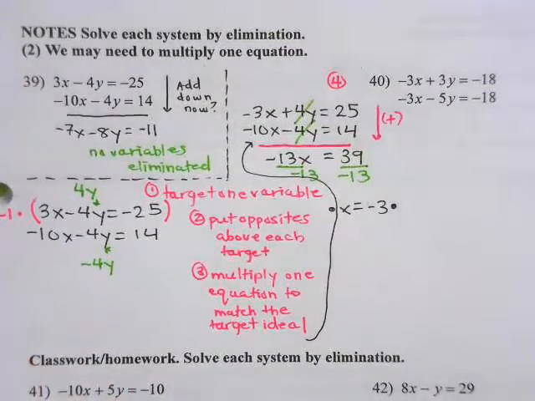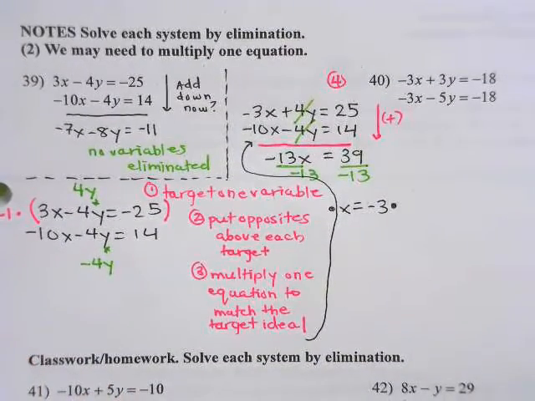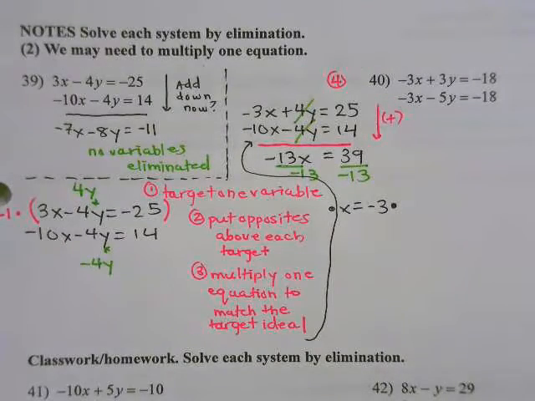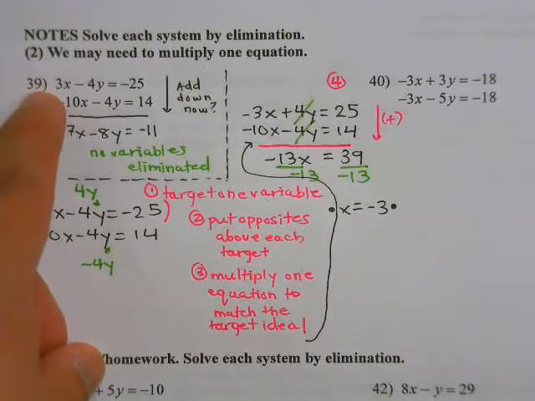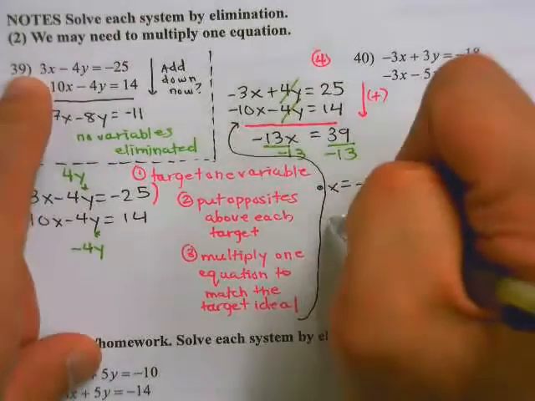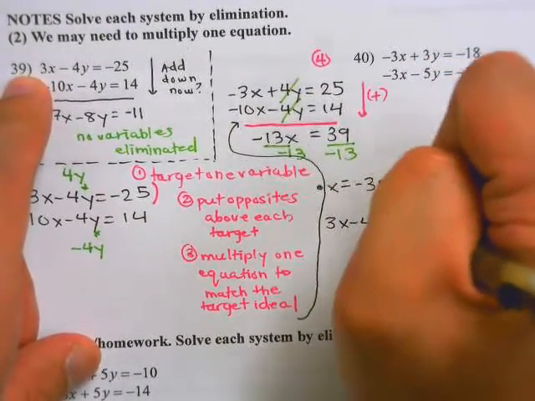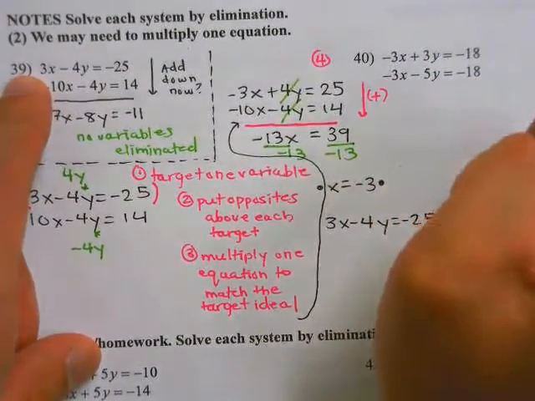And then please tell me, what do you think we have to do with that -3? Yeah, plug it into any one of these starting equations. So I'm just going to use the top equation. It's just by habit. You don't have to always use the top equation.